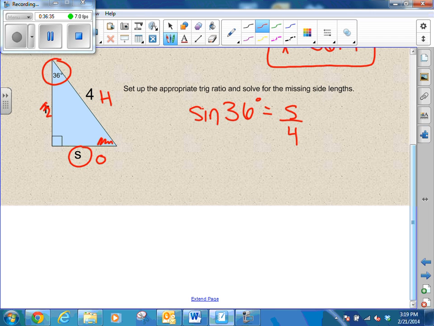Whole numbers. What can I put them over? Put it over 1. Now what do I have? Two fractions that equal each other, called, don't move, a proportion. Cross multiply. I cross multiply and I get s equals 4 times sine of 36.